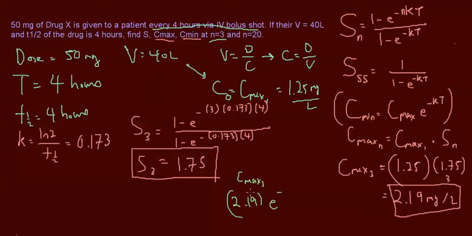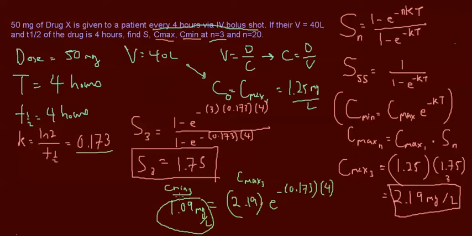Your k, we have it right here, 0.173, times your T, which is 4, and you'll get your C minimum at 3. So let me see what that ends up being. Alright, so you get about 1.09 milligrams per liter. So that's going to be your C minimum at 3.